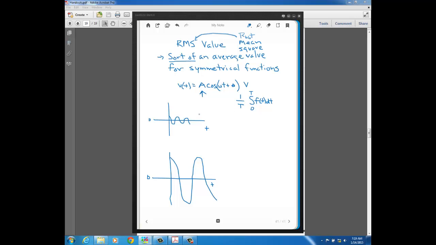But if I have two different sinusoids, say this cosine that's very small in amplitude, and this cosine that's much larger in amplitude, you can tell just by looking at the waveforms that they're not the same. Clearly one is a lot larger than the other. However, if you took the average value of this small sinusoid centered around 0, it would just equal 0, because it's a symmetric waveform: the positive areas would cancel out the negative areas.